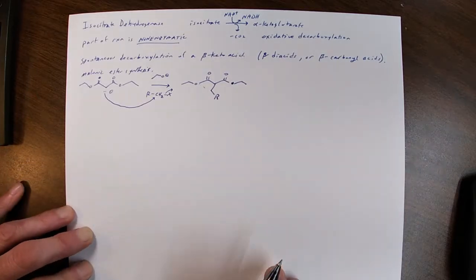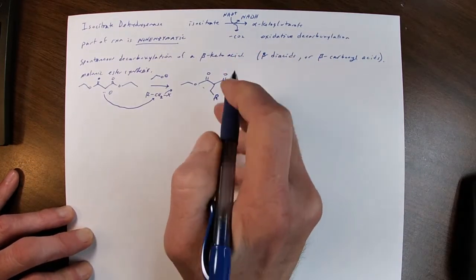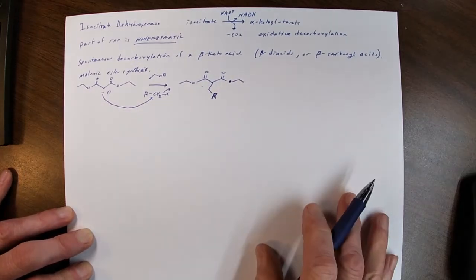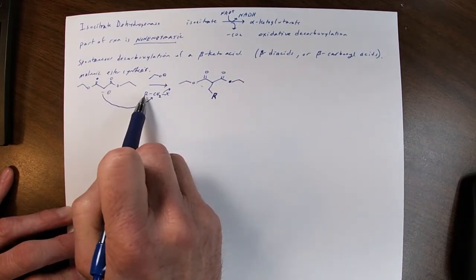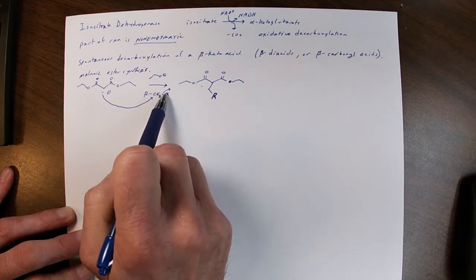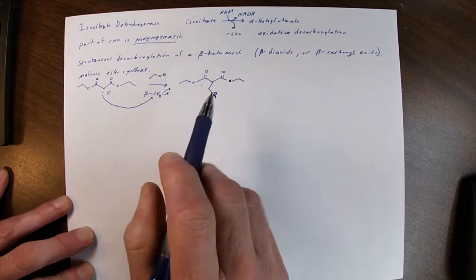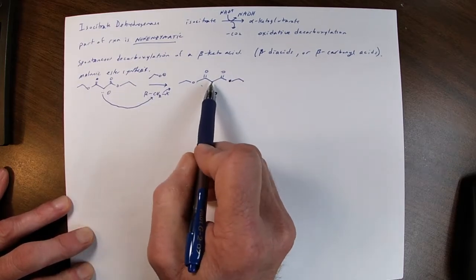All right. So you can actually do this twice. You can put two alkyl groups on here. You can actually use a substrate here that has two halides on it, a dihalide, and make a cyclic ring here.